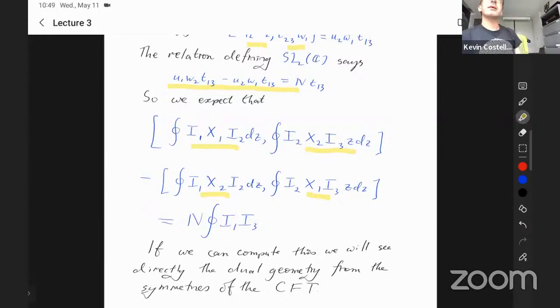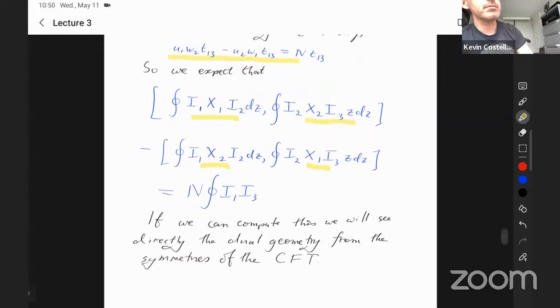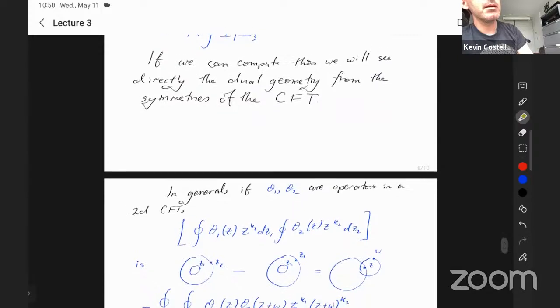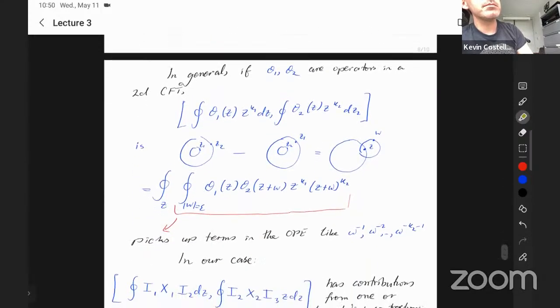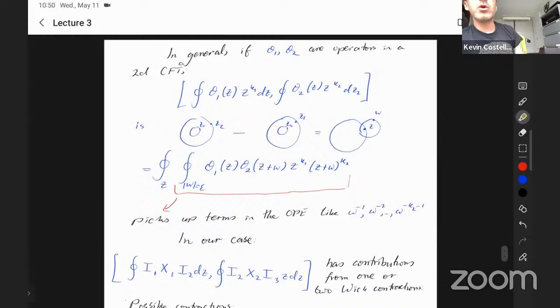Before we do so, I think I should remind people of something pretty elementary: how do you commute elements of the mode algebra of some chiral algebra. In general, if I have two operators in a 2D CFT, O1 and O2, I can take their modes with some powers, z^k1, z^k2, and I can try to commute them.